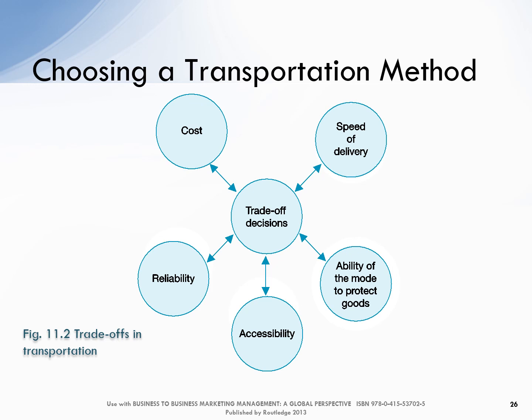When we look into these methods, a company has to consider the cost, speed of delivery, ability of the mode to protect goods, accessibility, and reliability. Definitely all these methods have some advantages and disadvantages. Only then can a company make a good decision about the transportation method.